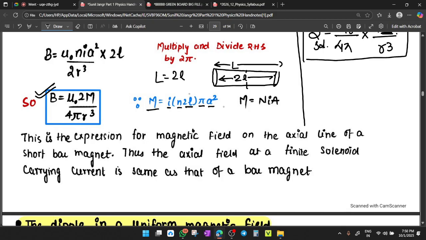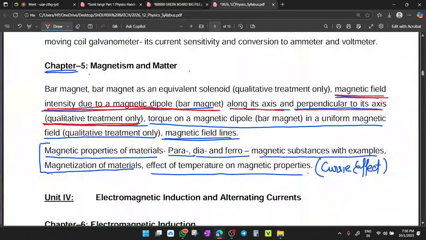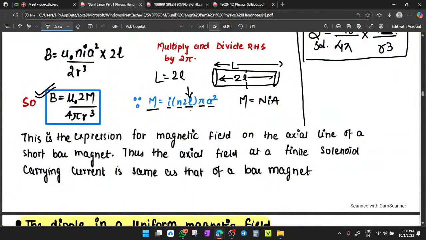So that's why this 2L term is coming here. Rest, no difference is there. So M equals n L I pi r square. Everything is there. n is there, L is there, I is there, pi r square is there. Look, n is there, 2L is there, I is there, and pi a square.